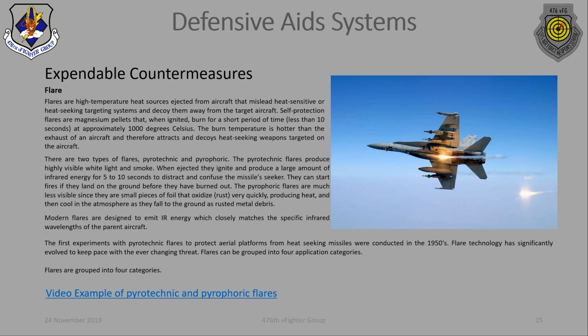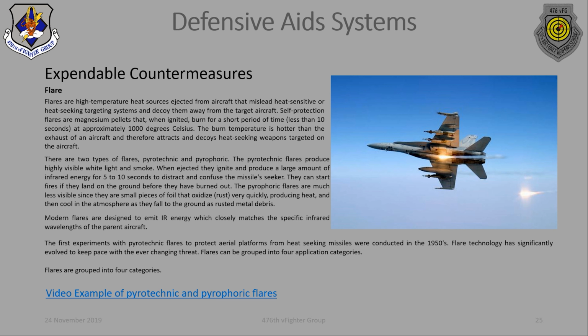So flares then. From the most basic, they are just big hot burning things that fly out of the aircraft into the air. These days they're getting a lot more sophisticated. Much like chaff, they are being more tailored towards specific threats. I can't actually show you that video of different flare types as an example because it's no longer on YouTube, unfortunately, so I'll have to try and find it again.